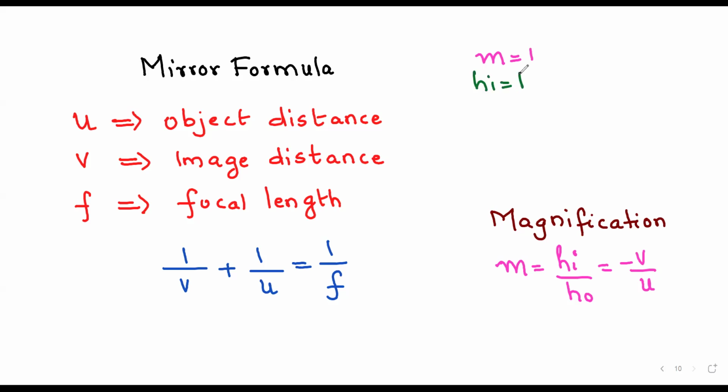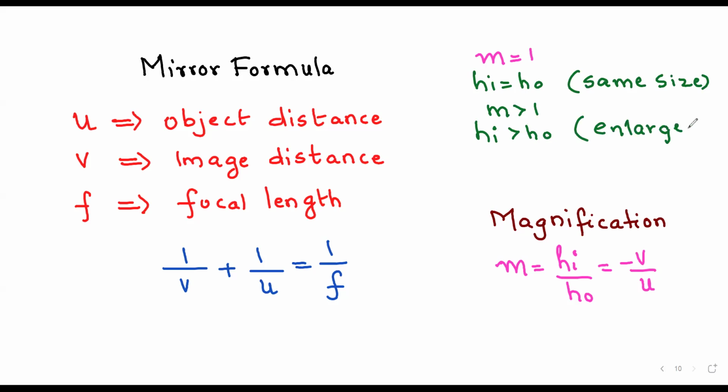HI will be equal to HO, that is the same size. If magnification is greater than 1, HI is greater than HO, that is, it is an enlarged image. And when magnification is less than 1, HI is less than HO, that means it is a diminished image. So these are the things which we can understand from magnification.